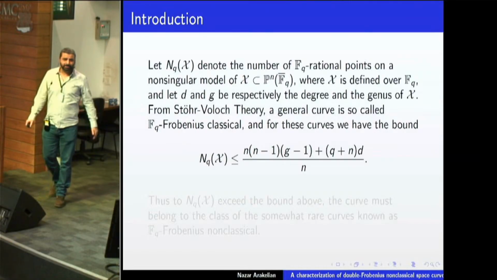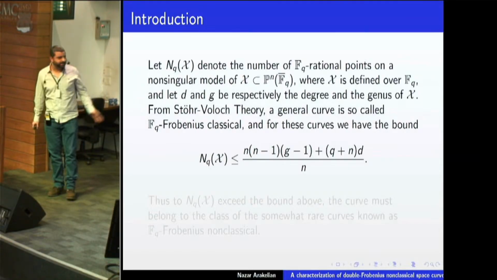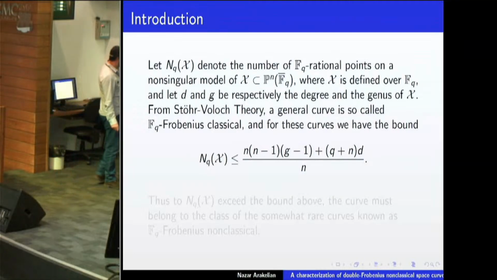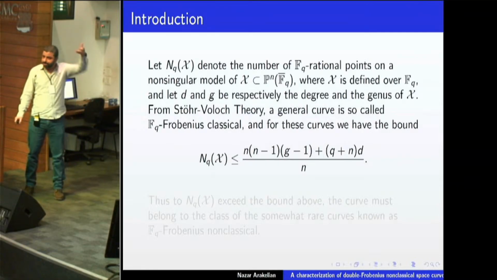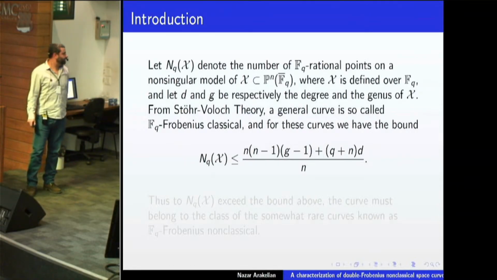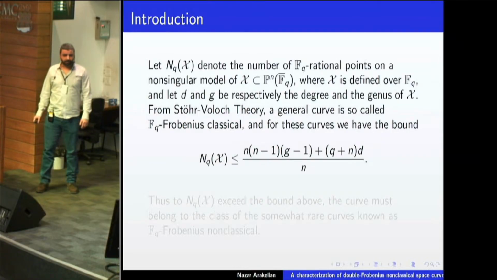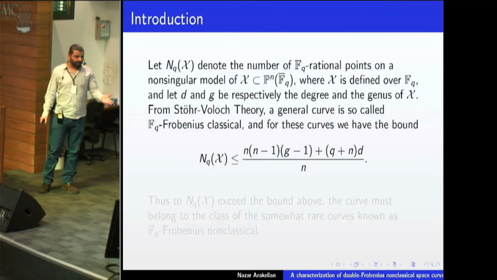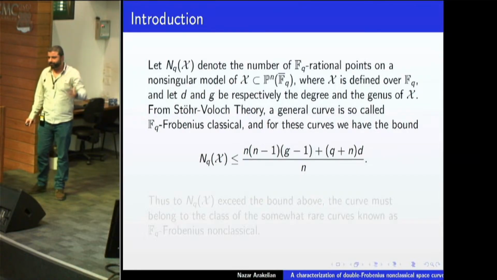Professor Fukasawa gave us a taste of what it is, which for plane curves is precisely this property that at the general point, the image by the Frobenius map of a general point lies on the tangent line of the same point. But for space curves, we have a different definition.